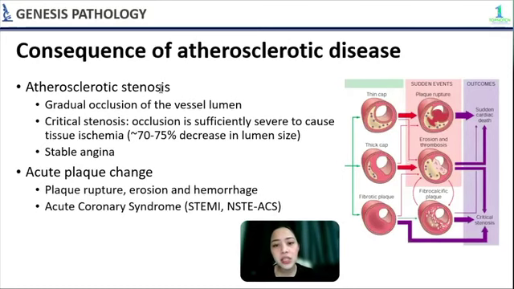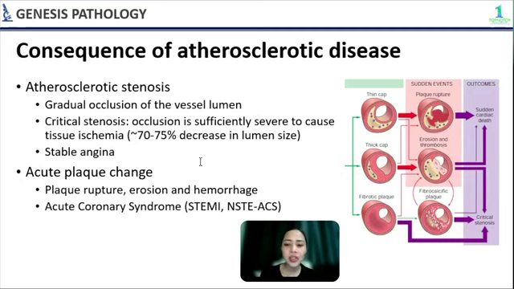So consequences of atherosclerotic disease, they can either lead to stenosis as they gradually thicken and occlude the vessel lumen. So critical stenosis is the stage at which the occlusion is severe enough to cause tissue ischemia. This typically happens if there is 70 to 75% decrease in the luminal cross-sectional area.